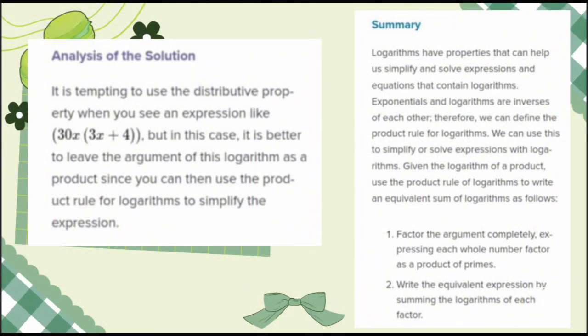Analysis of the solution: it is tempting to use the distributive property when you see an expression like 30x(3x plus 4), but in this case, it is better to leave the argument of this logarithm as a product, since you can then use the product rule for logarithms to simplify the expression.